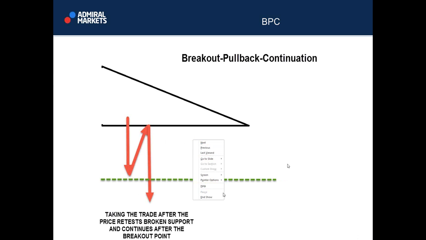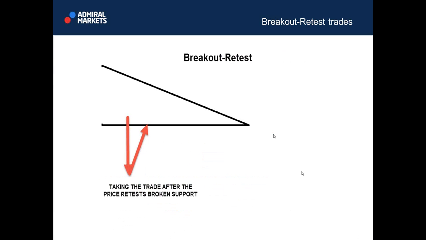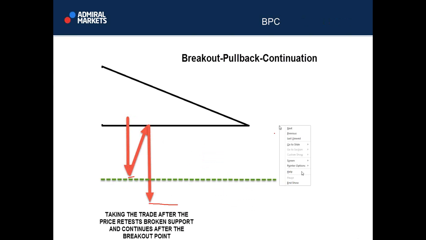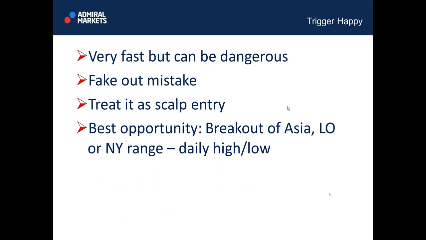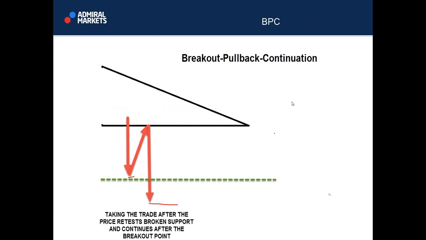Why? Because usually what happens is the price breaks out, it retests, it gives you a continuation trade, but it cannot be a good continuation trade just because the market is in low volatility mode.